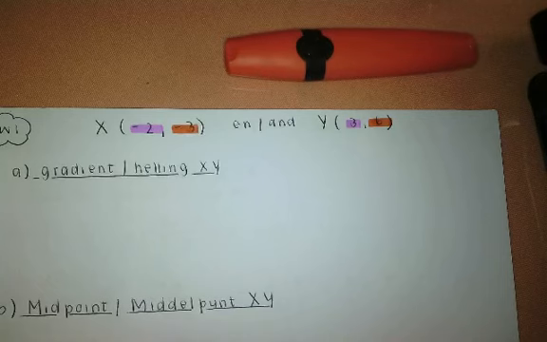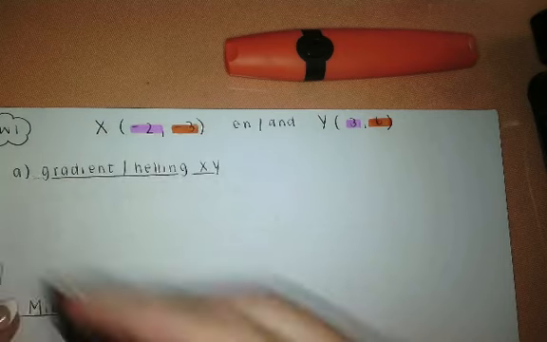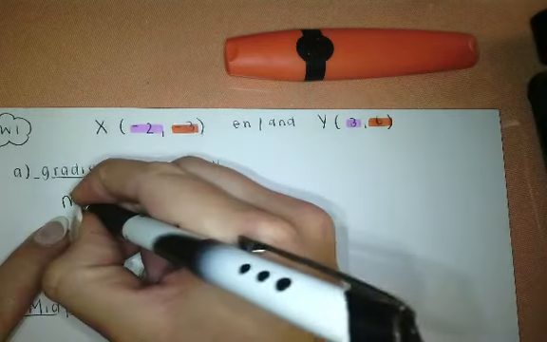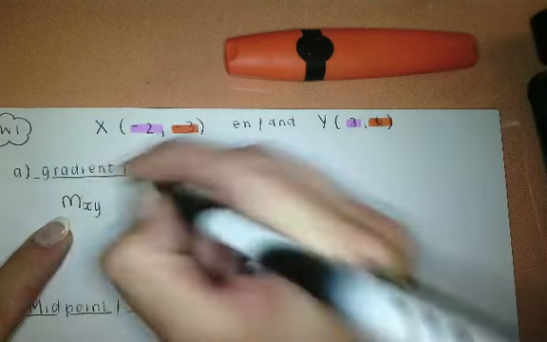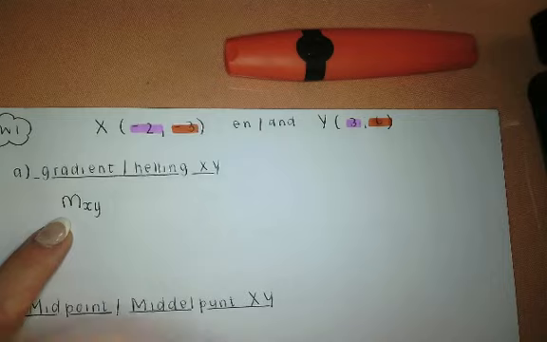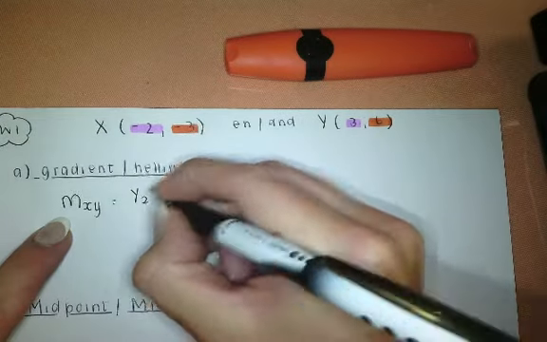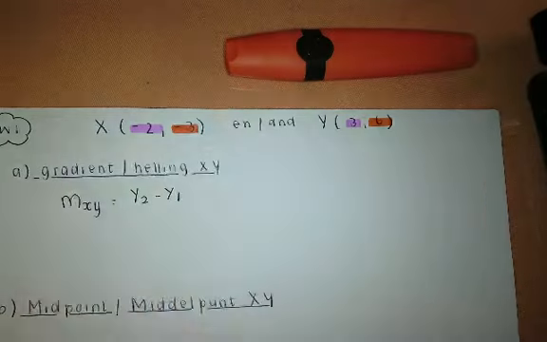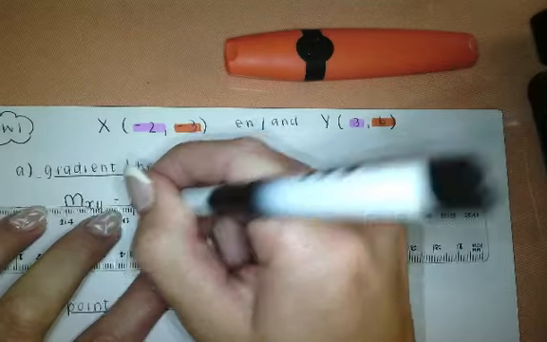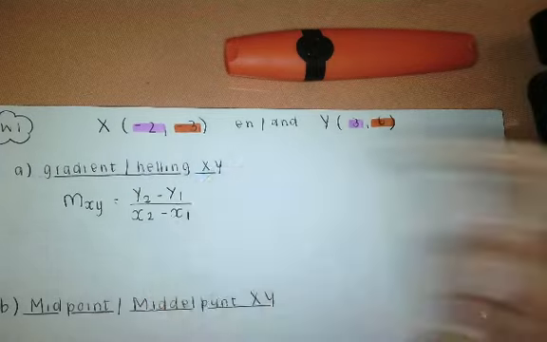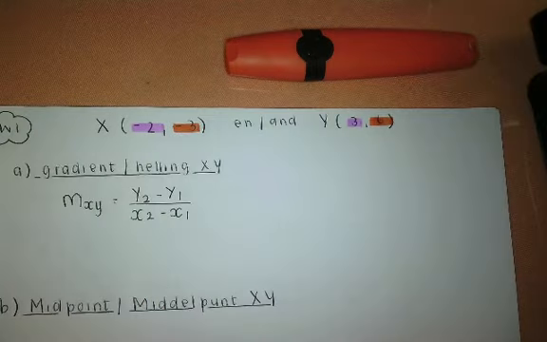Now the question is, given the following two coordinates, calculate the gradient of xy. Now you need to know, what is my gradient formula? M, the gradient, of which coordinates do we want? My gradient of line xy is going to be y2 minus y1 over x2 minus x1.